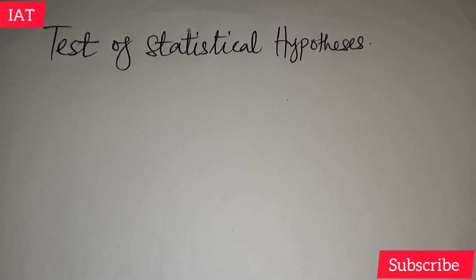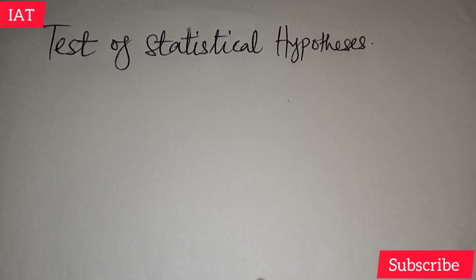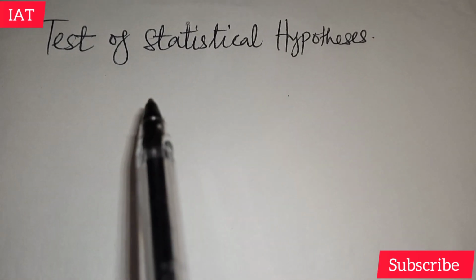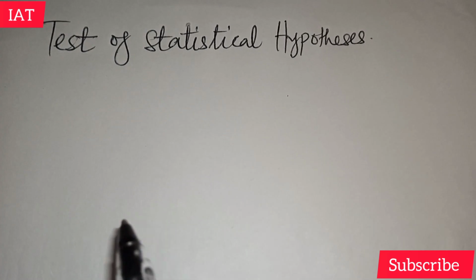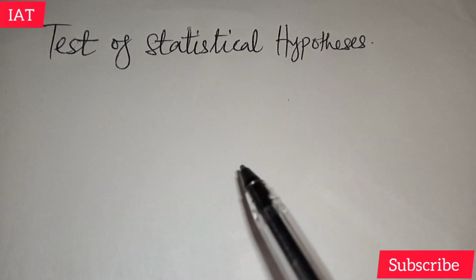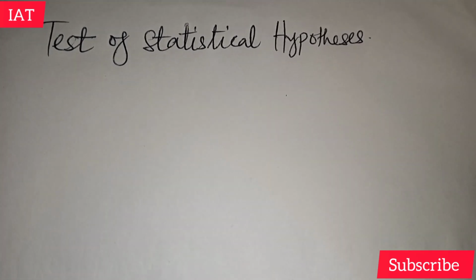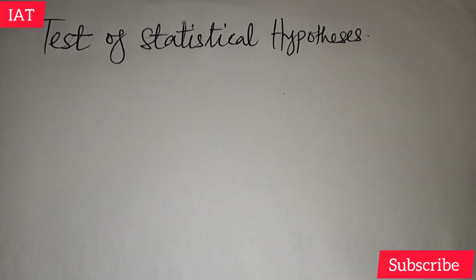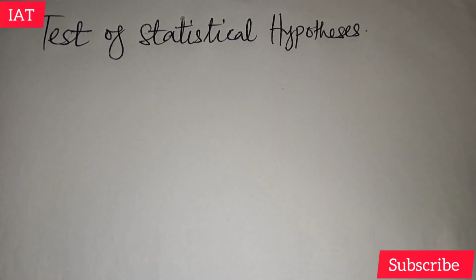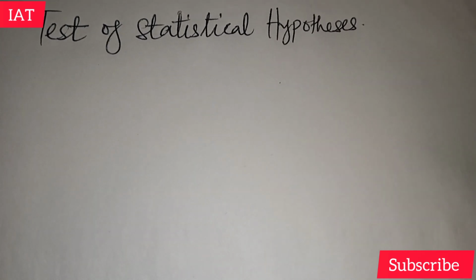So let's get started. When we talk about statistical hypothesis, what exactly is this word hypothesis? A hypothesis is a statement about one or more populations. It's an assumption about the population involved.